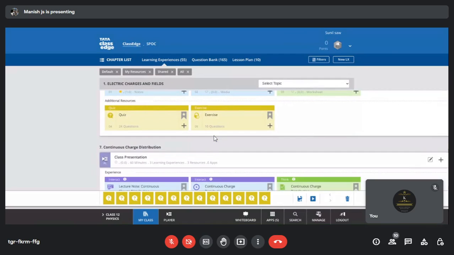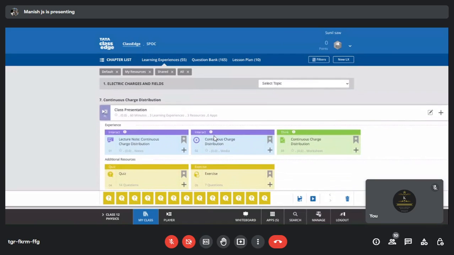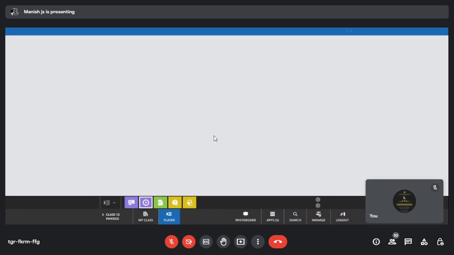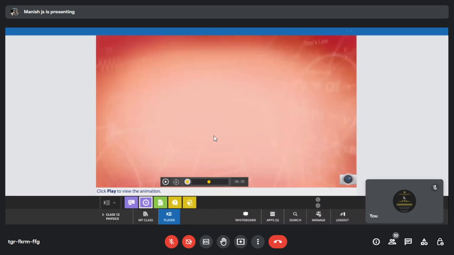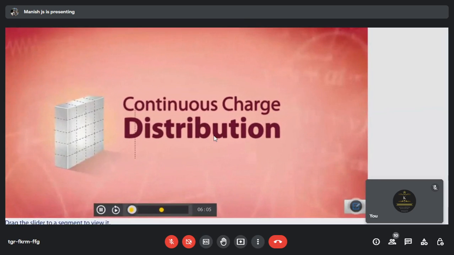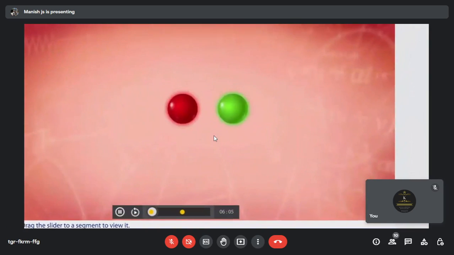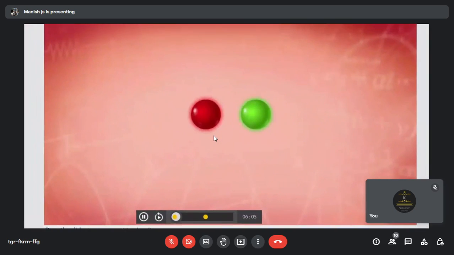Next we'll go to the important part, the charge distributions. Continuous charge distribution. We know that electric charge is quantized. The smallest quanta of charge can exist as either positive e, which is the charge on a proton, or negative e, which is the charge on an electron.